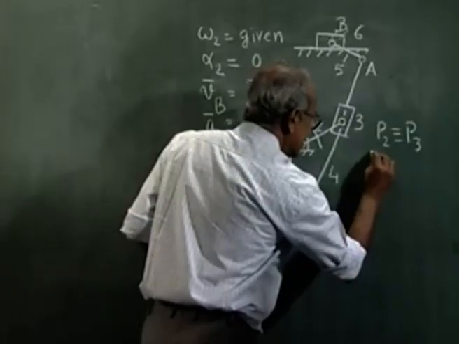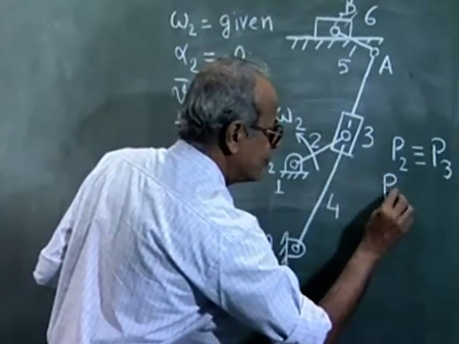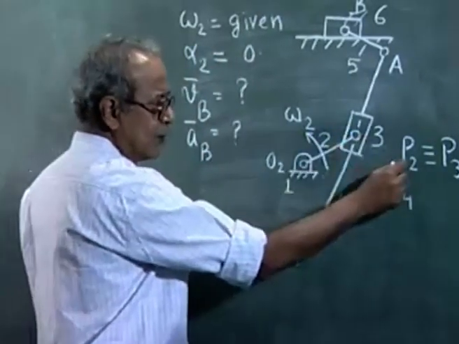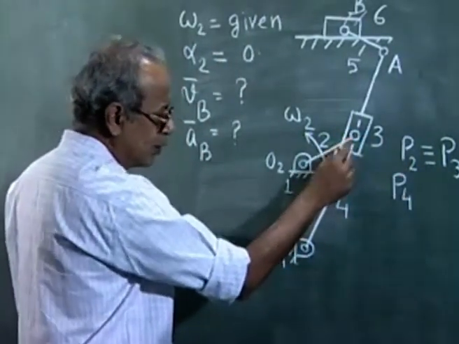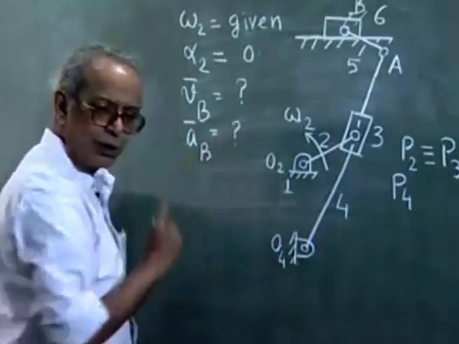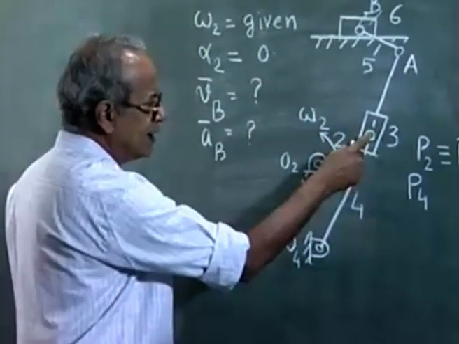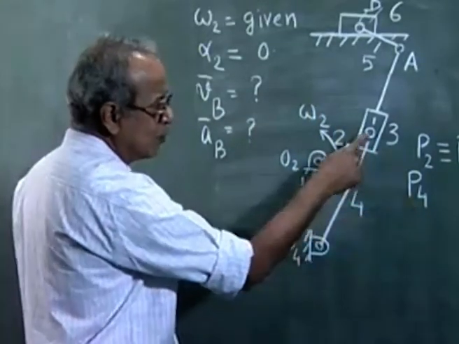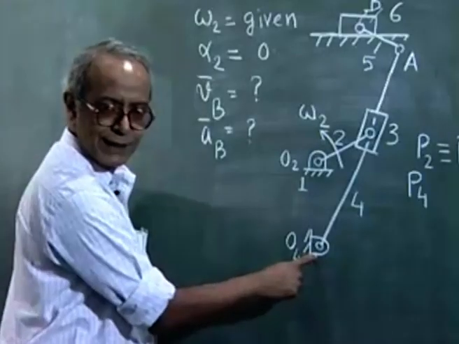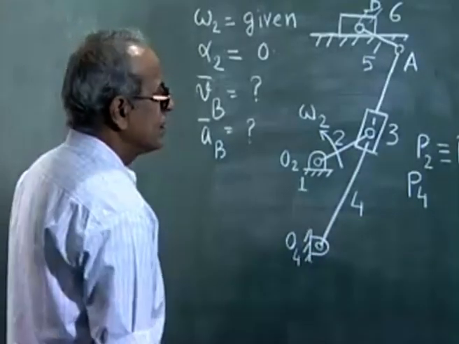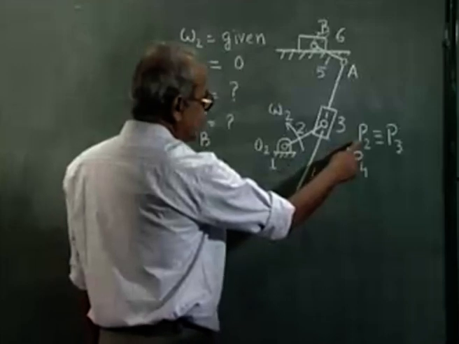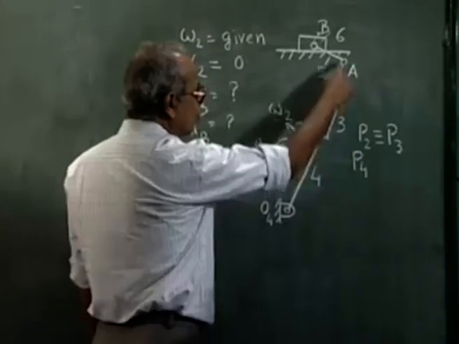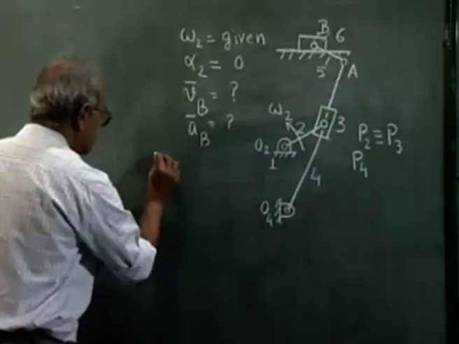We consider an instantaneously coincident point P4, which at this instant is here where P2 and P3 are, but P4 belongs to link 4. We should note the difference that P2 and P3 moves on a circle with O2 as the center, whereas P4 moves on a circle with O4 as the center. Now, the path of P2 in body 4 is known, that is along this line O4A.